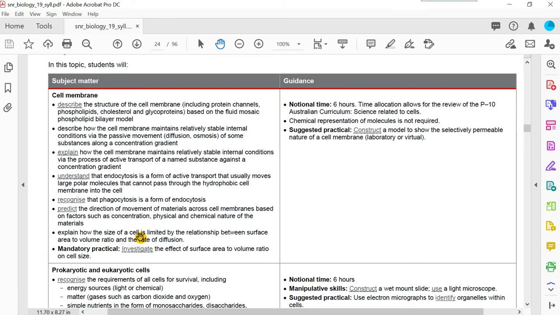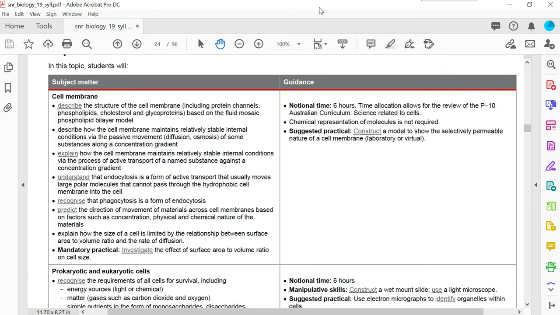It'll tell you how much time should be allocated to the unit, and it also will tell you some suggested practicals as well.